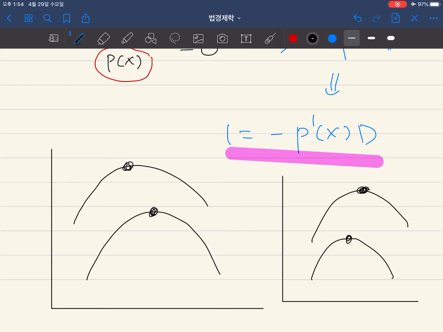In the first picture, the maximum point is moving to the right as we go down the isocost curve. And on the right side, the maximum point is moving to the left as we go down the isocost curve. So which is the case? Let's see.